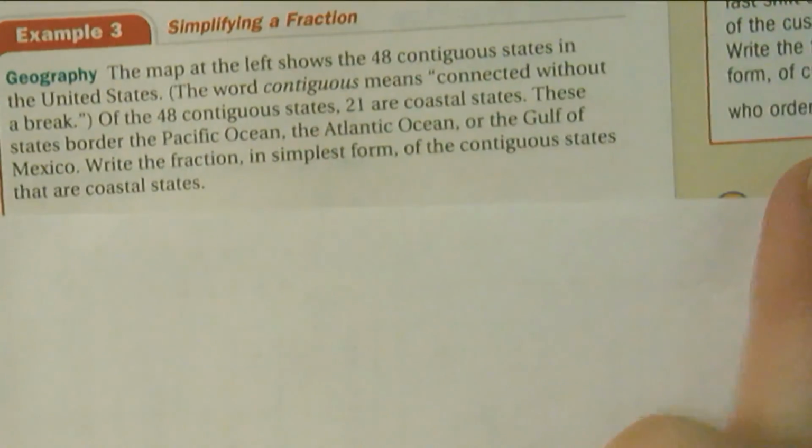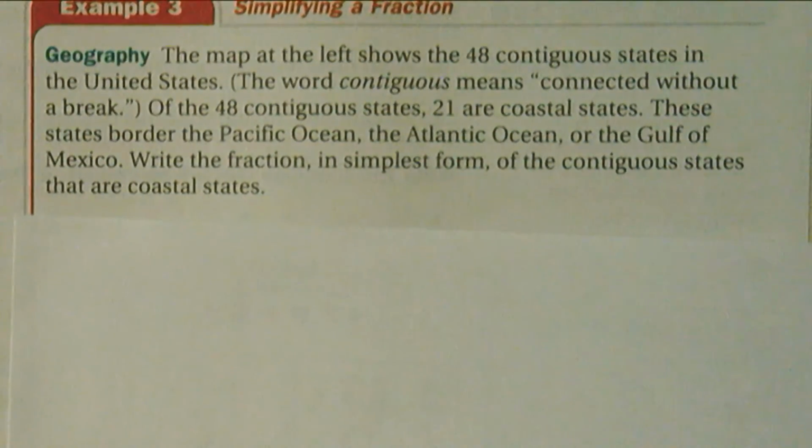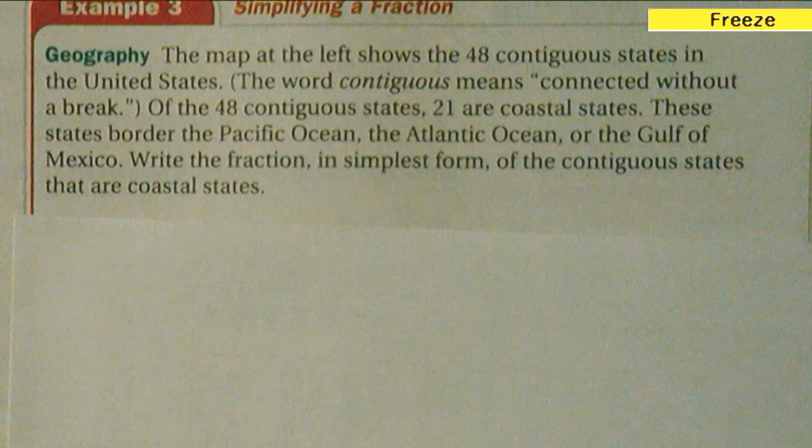It says the map to the left shows the contiguous states, the 48 contiguous states in the U.S. What does that mean, the 48 contiguous states? Brendan? Yeah. So which ones are not included in that? Excellent. All right.